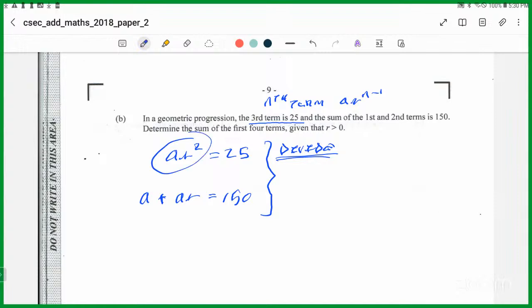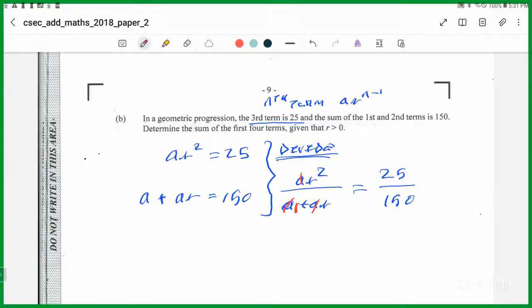So this left side, which is AR squared, over this left side, which is A plus AR, will be equal to this right side, 25, over this right side, 150. That's what you're solving. And then the A's cancel.